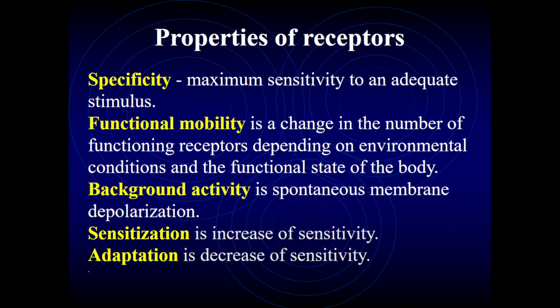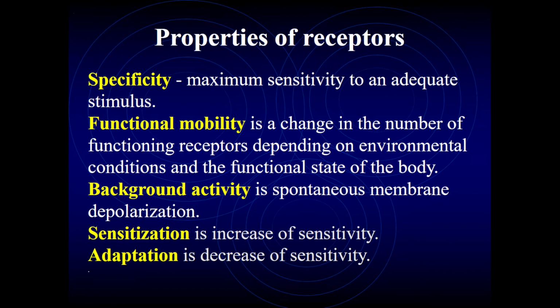Sensitization of receptors is increase of sensitivity. For example, the sensitivity of the eye to light after 30 to 40 minutes in the dark can increase 20,000 times. Adaptation is opposite property.